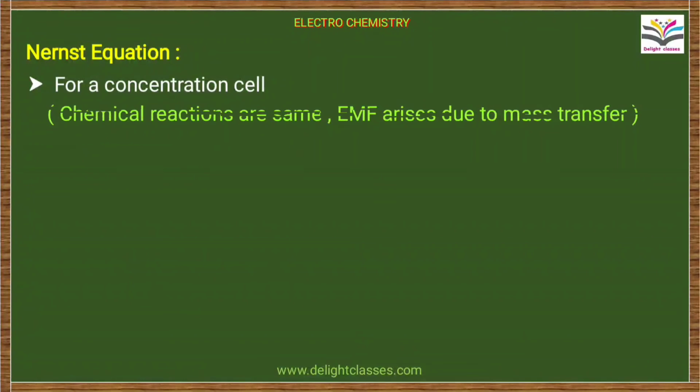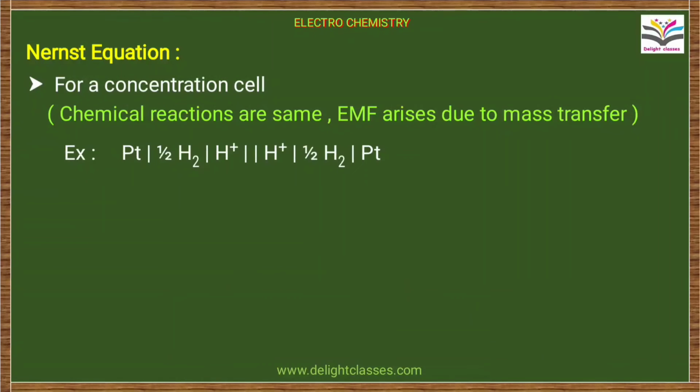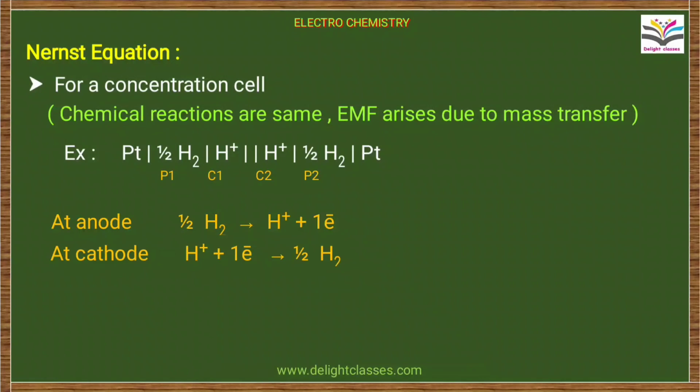For a concentration cell, it is not in CBSE but better to know. The chemical reactions are the same. EMF arises due to mass transfer. For a given reaction, at anode H2 gives H+ plus 1 electron. At cathode, H+ plus 1 electron gives half H2.